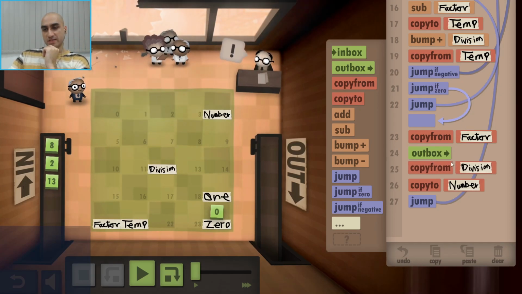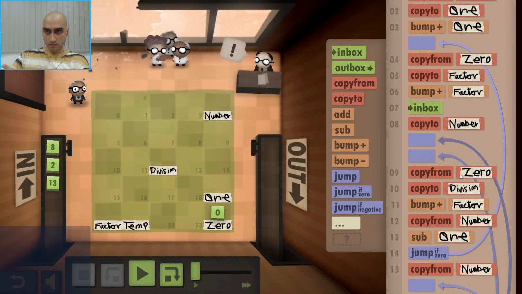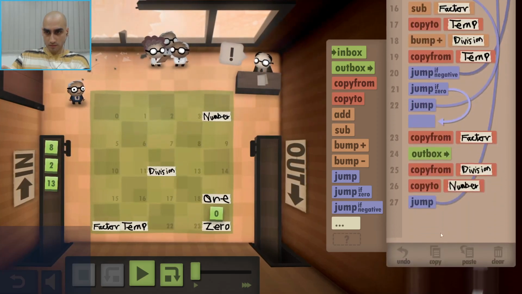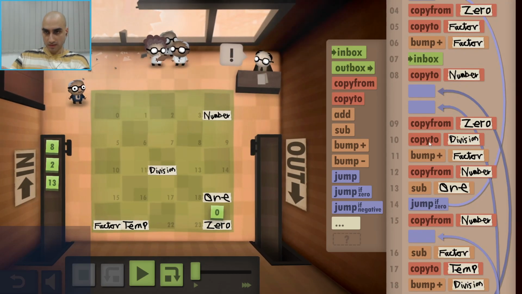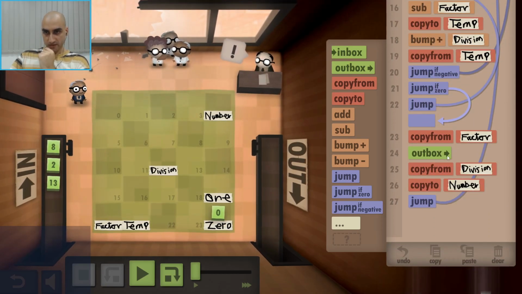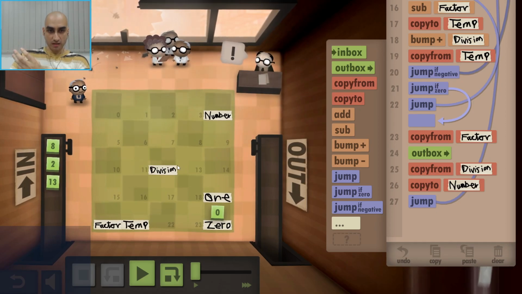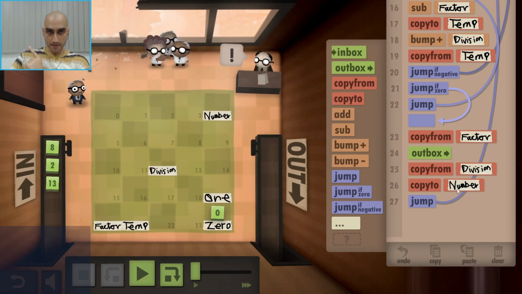So when we get to this point, that's the first time we found that factor. Is it? This jump is taking us here. Yes, okay. So we only do that once, we don't do it again. So after this point, we copy, so let's say 20 divided by 2 is 10. So division will say 10. We copy 10 to number, correct.